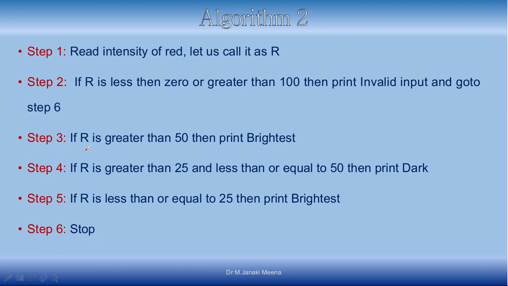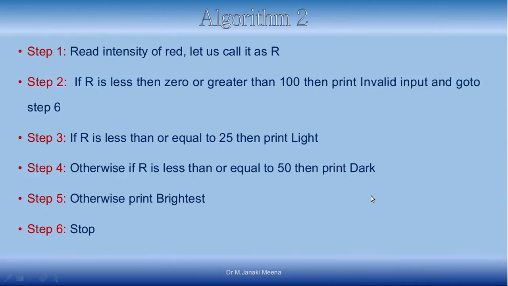And step 3, otherwise if the input is valid, then you are checking if it is greater than 50, then you are going to print brightest. If it is greater than 25 and less than or equal to 50, then you are going to print dark, and if it is less than or equal to 25, then you are going to print light. Here also there is a typo, it should be light, okay, fine.